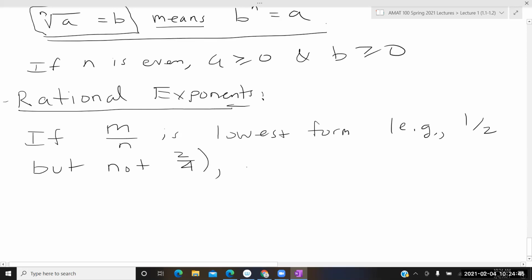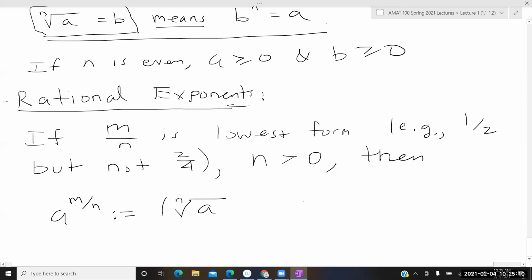So if m over n is in lowest form, and m and n are integers, obviously, but also n is positive, then we can define these rational exponents. And so this is a definition. So this means the following. It's the nth root of a raised to the mth power. Or equivalently, you can write that as saying it's the same thing as this.